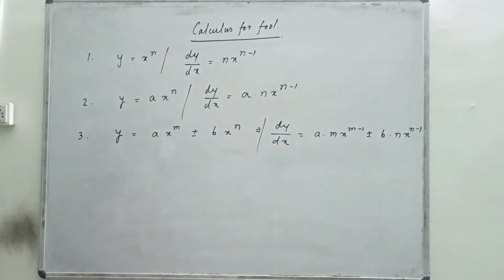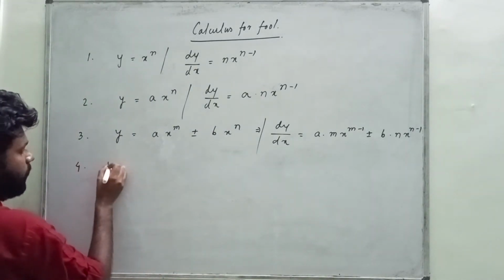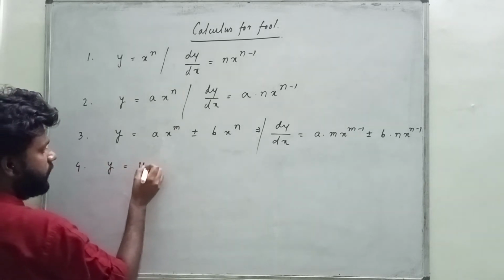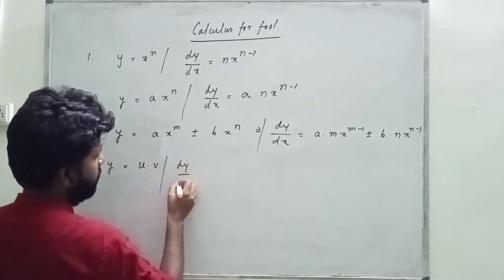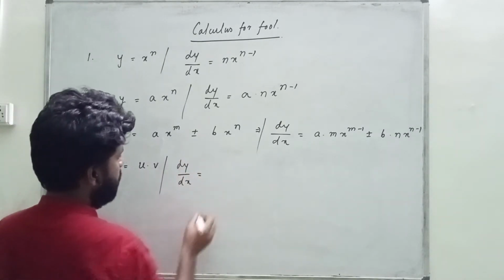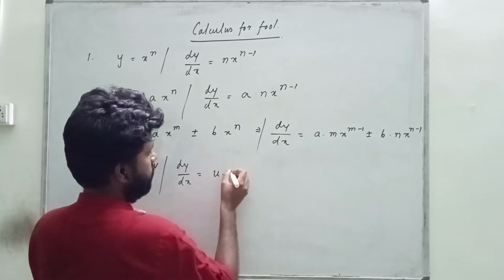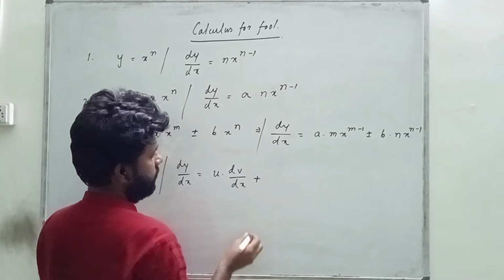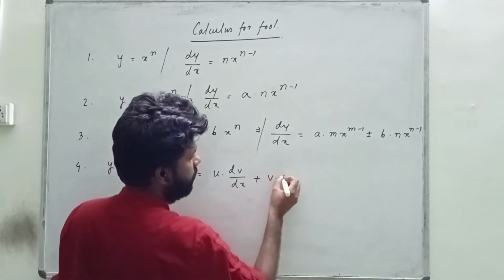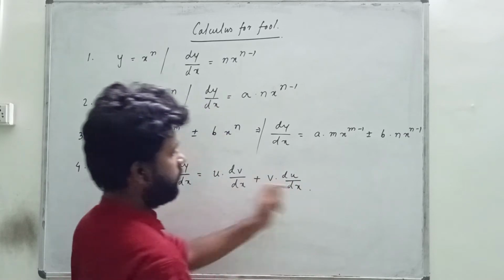And a crucial rule, product rule, if y equals u into v, then the dy dx goes to constant u and then dv over dx plus constant v into du over dx. It is a product rule.